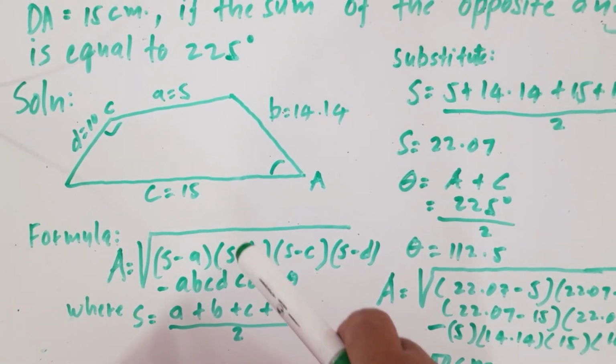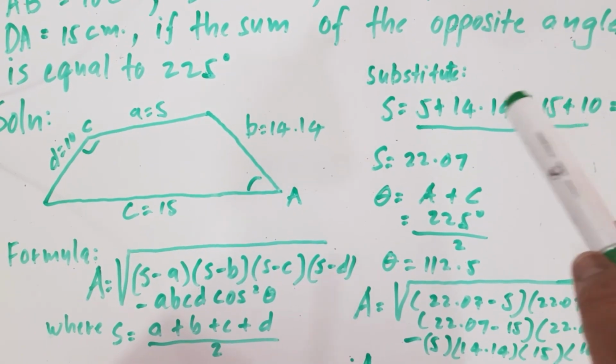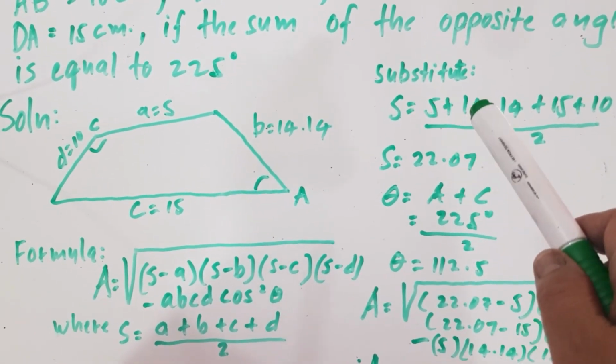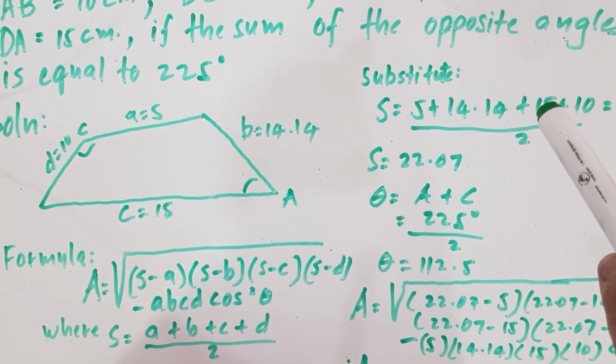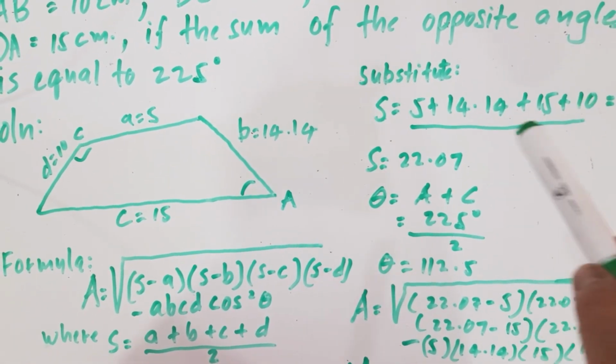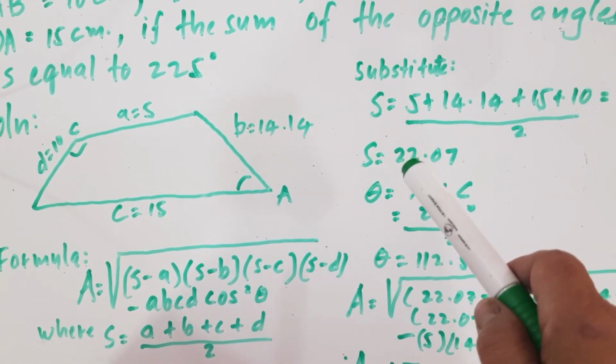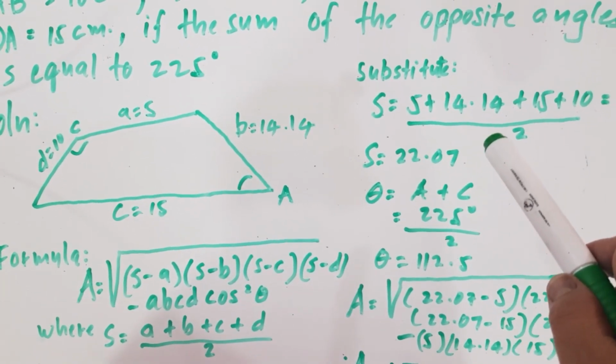Now, if we substitute the value of the sides, A is 5, B is 14.14, C is 15, and D is 10, divided by 2. Simplifying this, S therefore is equal to 22.07.